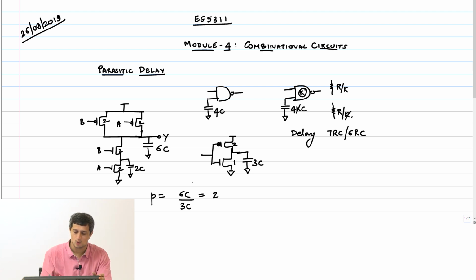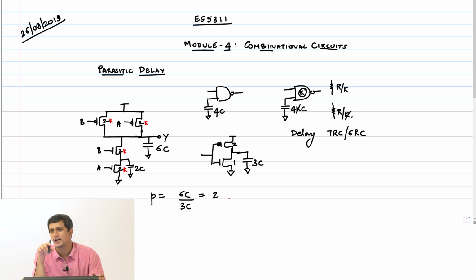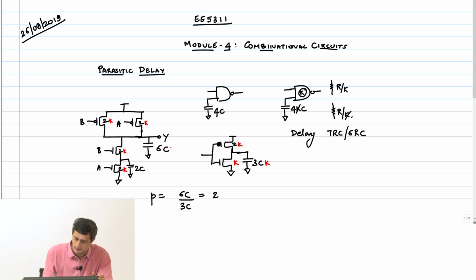Now what if this gate was upsized by a factor of K? You should divide it by the capacitance, not of the reference inverter always, but by the inverter which has the same drive strength. So this also has to be K, then this will become 3KC.